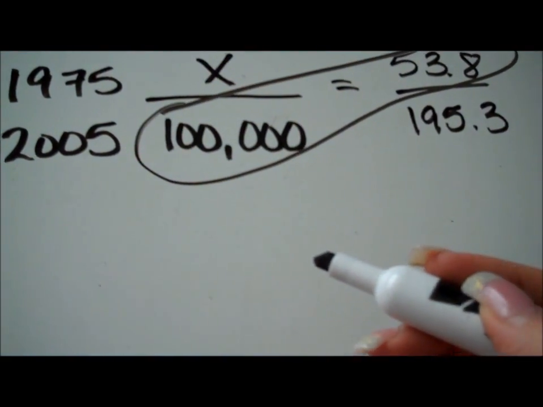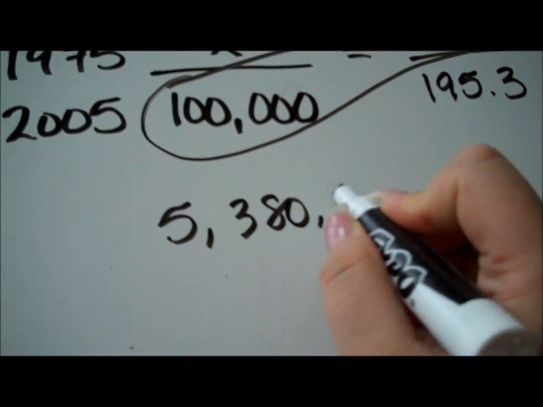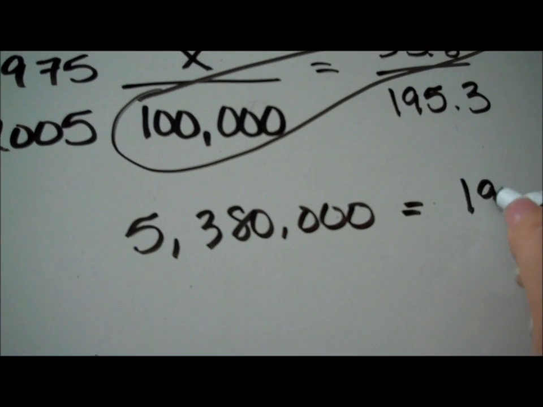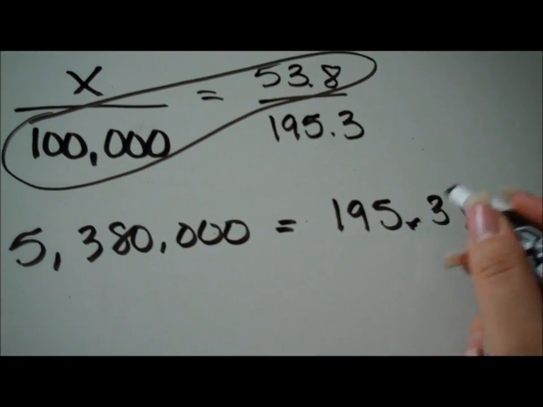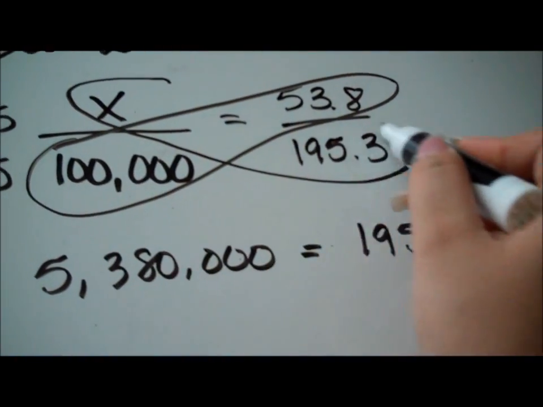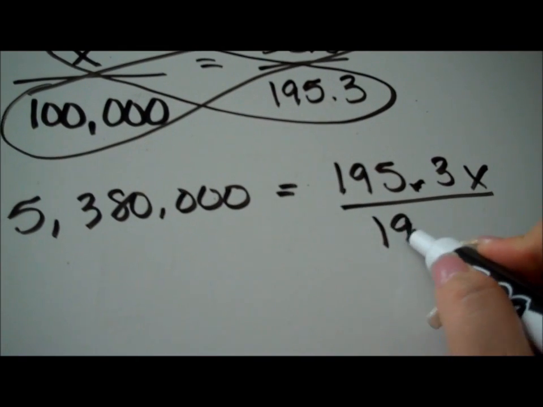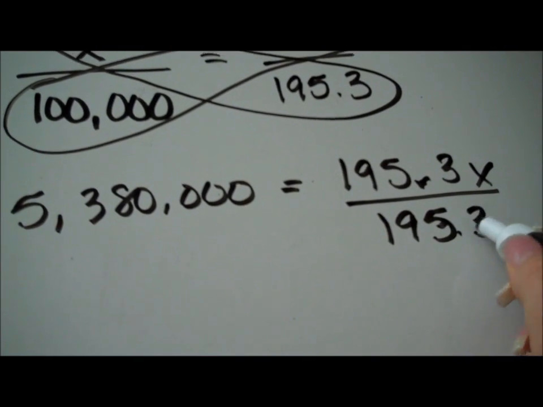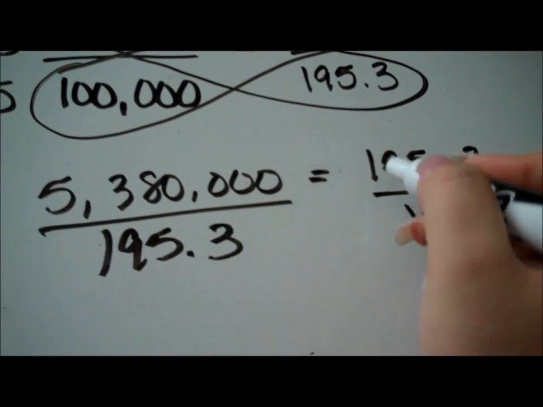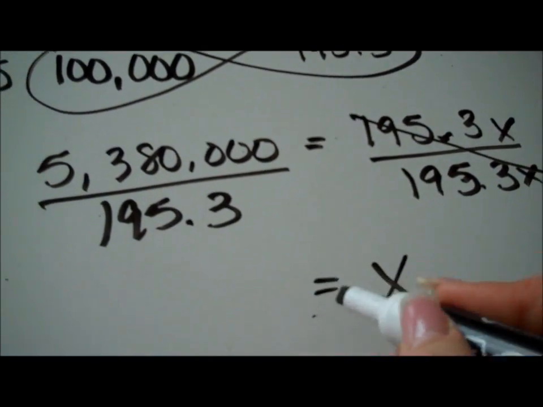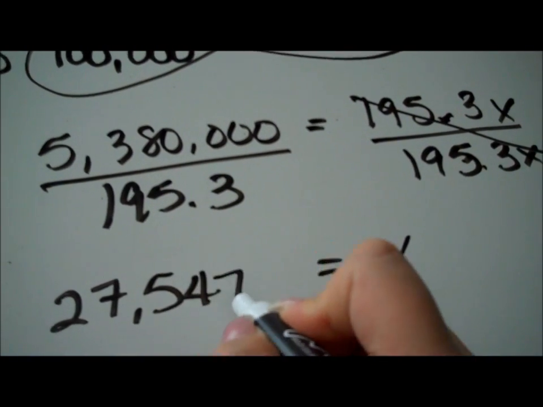We multiply those two together. So we get 5,380,000 equals 195.3x. Okay, and the way that I got that was by using the other diagonal. And then to solve, we would divide both sides by 195.3, so that we would get x by itself, and then solve for x by dividing.